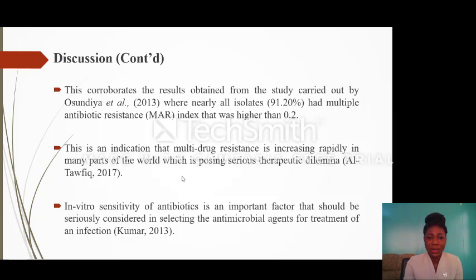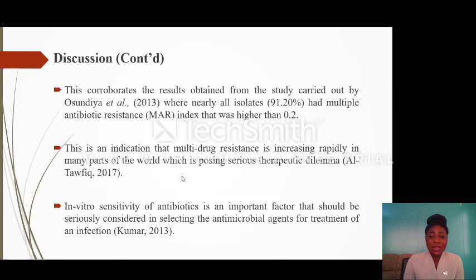This is an indication that a lot of organisms, especially clinical isolates of Pseudomonas aeruginosa to be specific, have developed resistance to virtually all of the available antibiotics. This is causing serious threats and a serious challenge in administering the right antibiotics that would actually combat this infection. It is an indication that multi-drug resistance is increasing rapidly in many parts of the world, and this is posing a serious therapeutic dilemma.